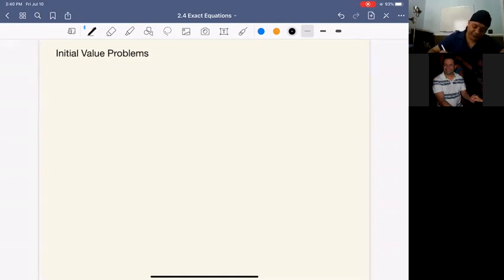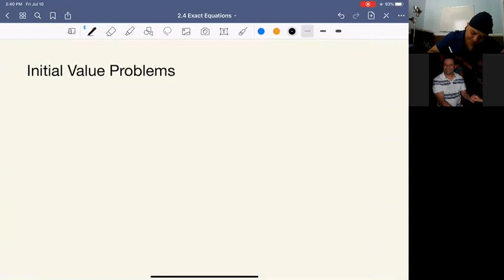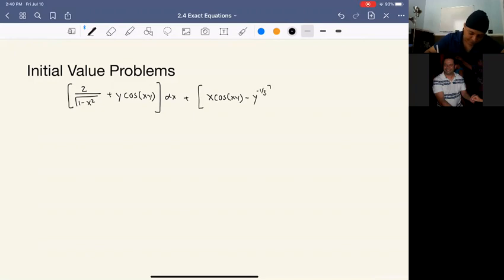I've got one for us. So we're gonna take 2 over the square root of 1 minus x squared plus y cosine xy dx plus x cosine xy minus y to the negative 1/3 dy equals 0.